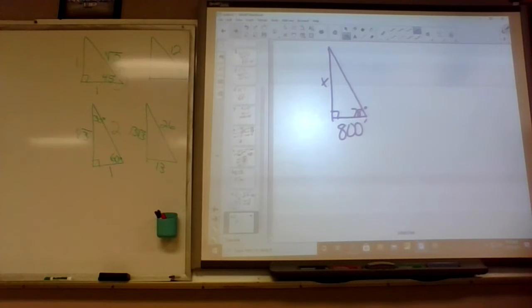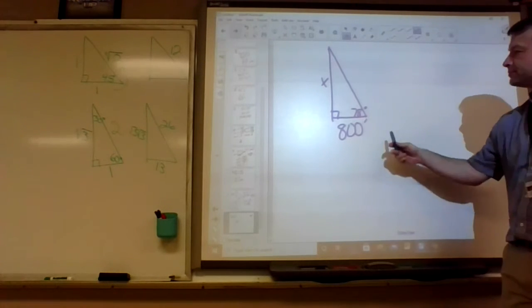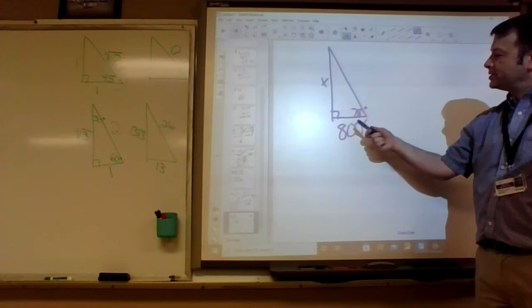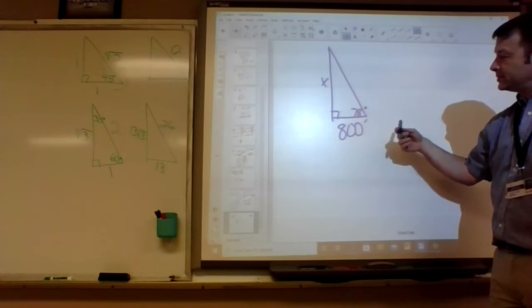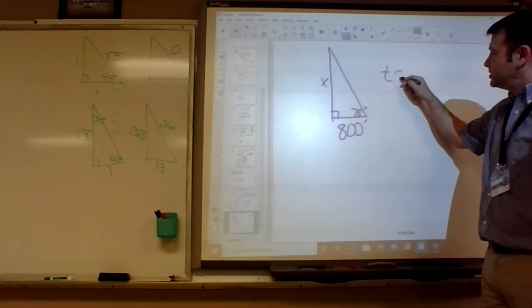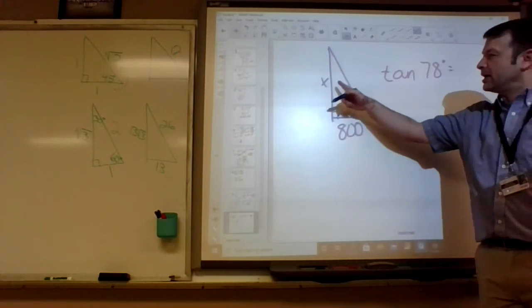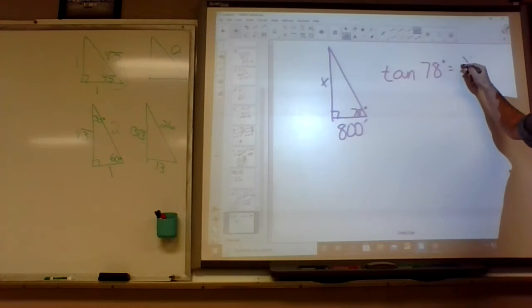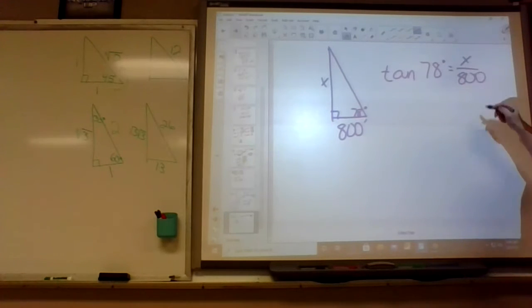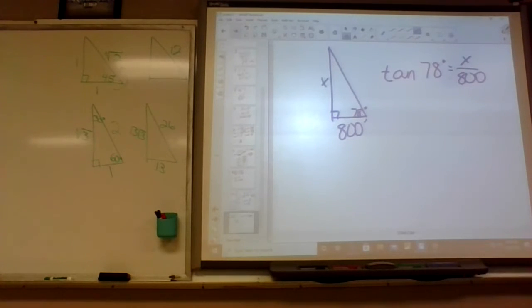All right, how could I find x? Relative to 78 degrees, what 2 sides are we working with? Opposite adjacent. Which trig function uses opposite adjacent? Tangent. So it's tangent of 78 degrees should equal opposite over adjacent. And how do I solve that?